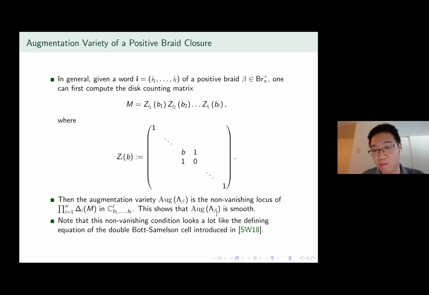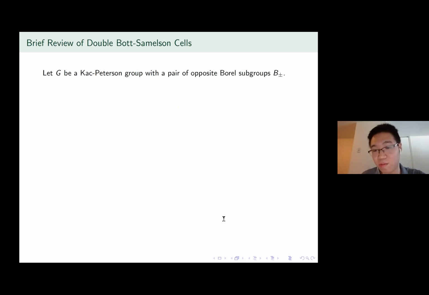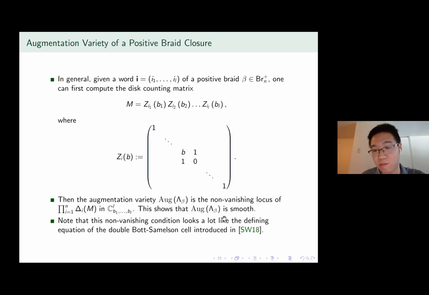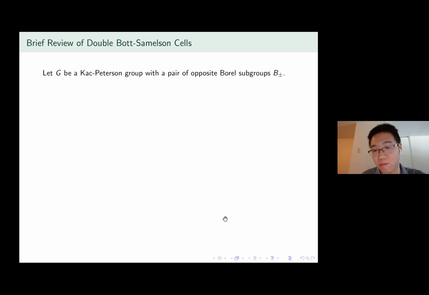We also know that this non-vanishing locus condition looks a lot like the defining equation from earlier work between me and Linhui. So let's now review the double Bruhat cells.